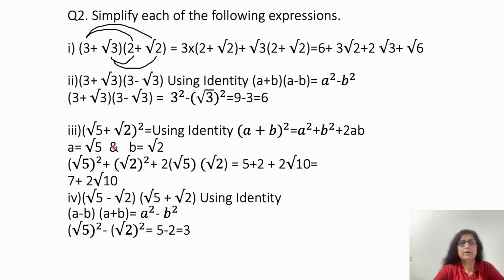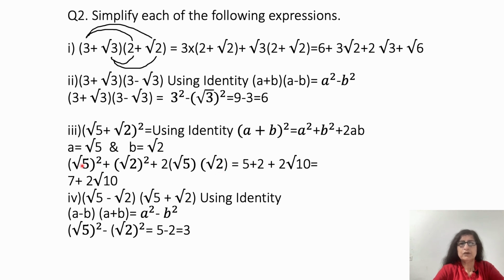Under root 5 plus under root 2 whole square. Using identity a plus b whole square is equal to a square plus b square plus 2ab. Here a is equal to under root 5 and b is equal to under root 2. We get under root 5 square plus under root 2 square plus 2 under root 5 multiplied by under root 2.